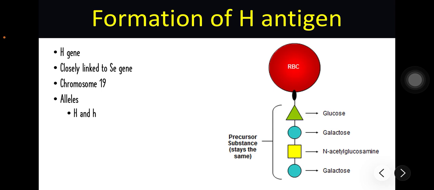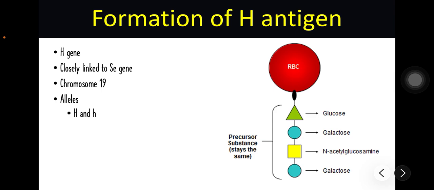Most people, over 99.99%, inherit at least one functional big H gene, genotype homozygous big H or heterozygous big H small h. The H gene does not produce the H antigen directly. Instead, it codes for the production of a specific protein called an enzyme, the alpha-2-L-fucosyltransferase.